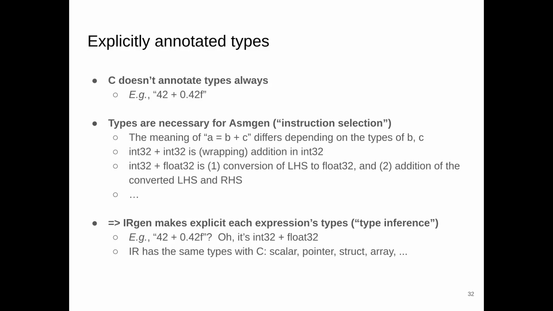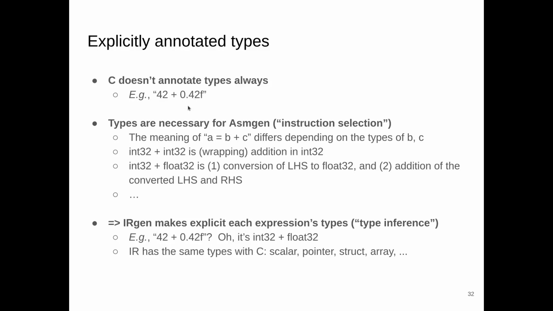The first characteristic of the IR is the explicitly annotated types. On the other hand, C doesn't always explicitly annotate types. Let's see this example, 42 plus 0.42f, which is not explicitly annotated with types. This 42 should really be an integer, and this 0.42f should really be a float.